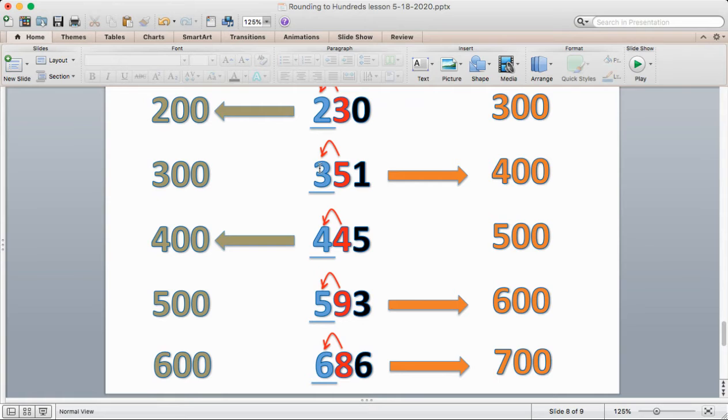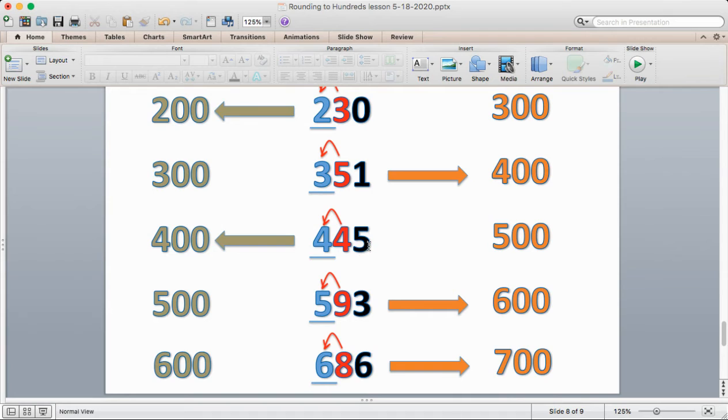It has to move up, because 5 is larger. So anything 5 and above moves to the larger 100. So this 5 tells this 3 to turn into a 4, which turns into a 400. The 1s and the 10s, again, turn into zeros. So this 351 rounds to 400.